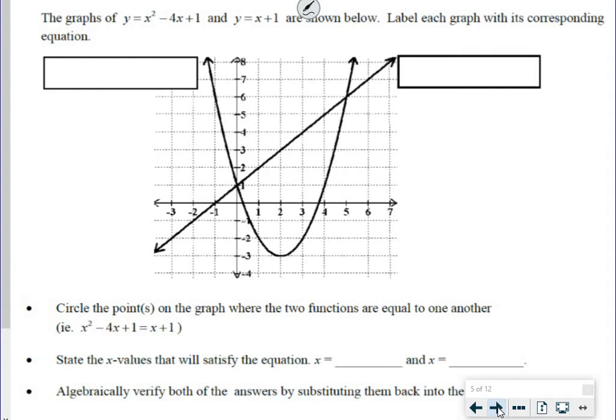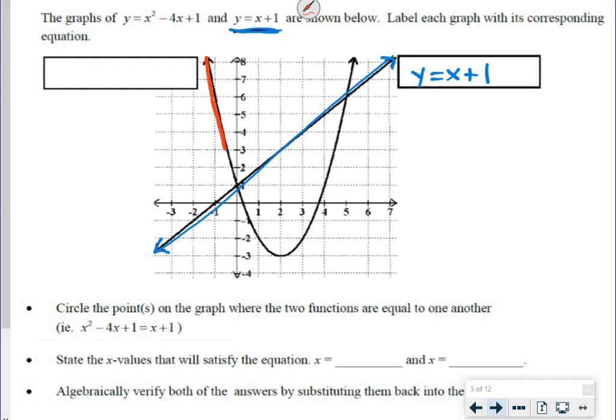So the graphs of y equals x squared minus 4x plus 1 and y equals x plus 1 are shown below. Label them. So we have a linear one here. That should probably be this one. Right? So we have y equals x plus 1.